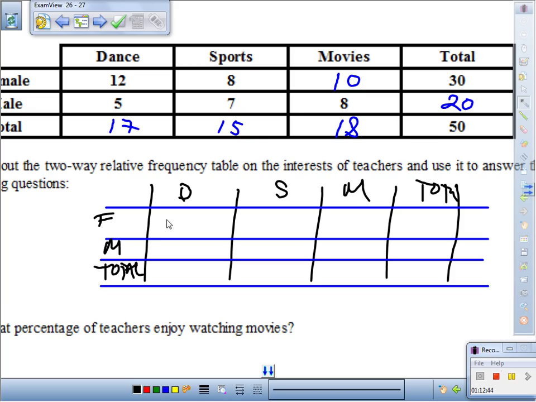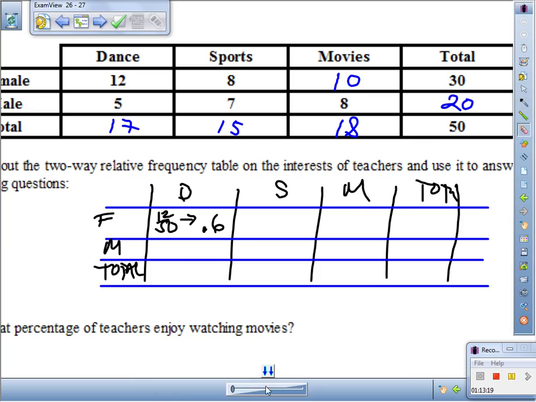So what is this one? 12 over 50, which is 0.6. Is it 0.6? No, it's not. Come on, guys.